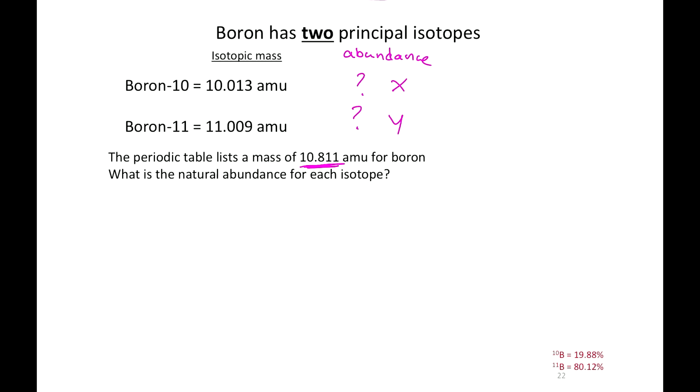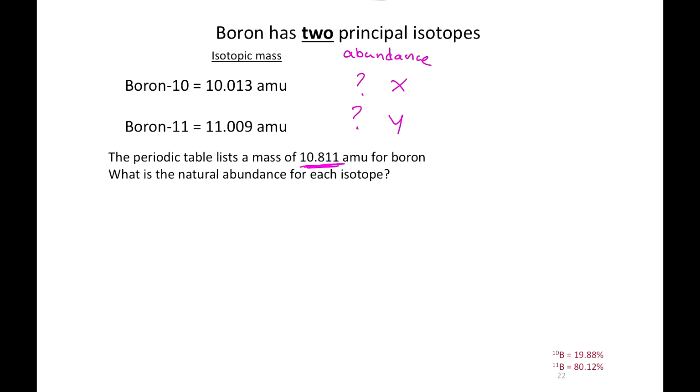So we have to come up with a trick, all right? We have 2 variables, 2 different numbers we're trying to solve for, the abundance of the light isotope and the abundance of the heavier isotope. So we have to invoke a trick again. What's special about the variables x and y? They have to add up to 100%.